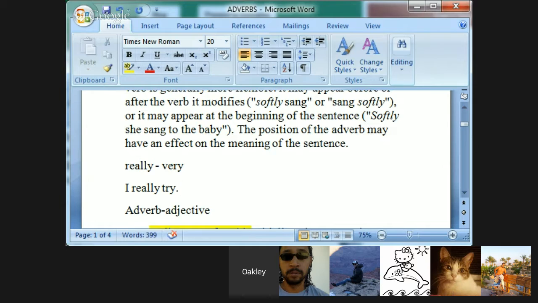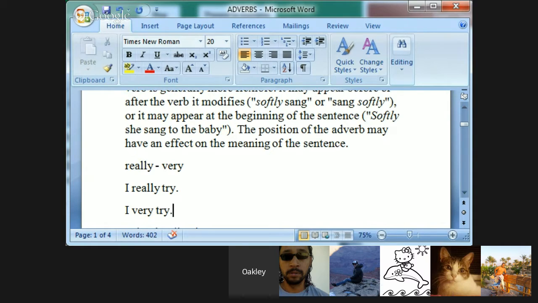Now sometimes it's okay to use really with a verb. I know I'm skipping ahead. I said I wouldn't do this, but because I don't want to forget this very important and basic point. The mistake I constantly hear is this one. I very try.